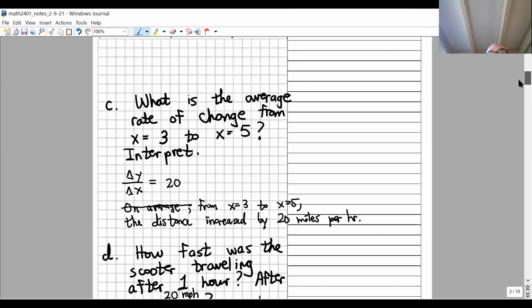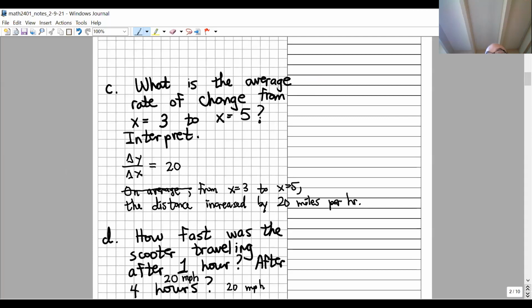From 3 hours to 5 hours, he went on average 20 miles per hour. If he looks at his speedometer after 1 hour, he's going to see 20 miles per hour. That's just how fast he was traveling. So it's very easy to answer these two questions once you realize that you're dealing with a linear function for Freddie's distance.